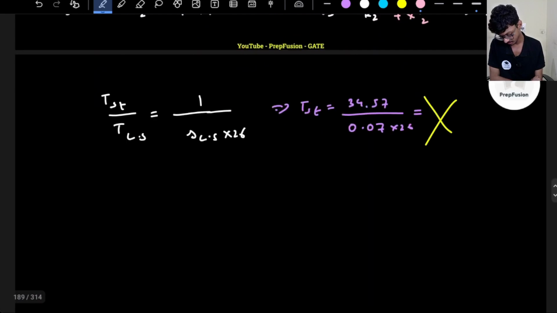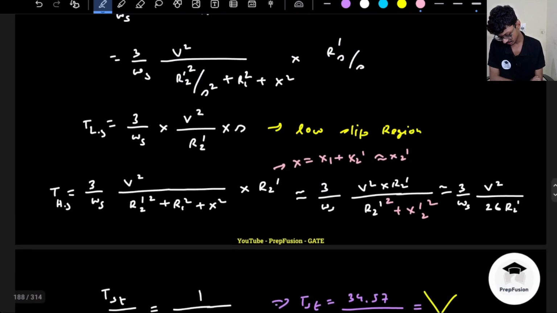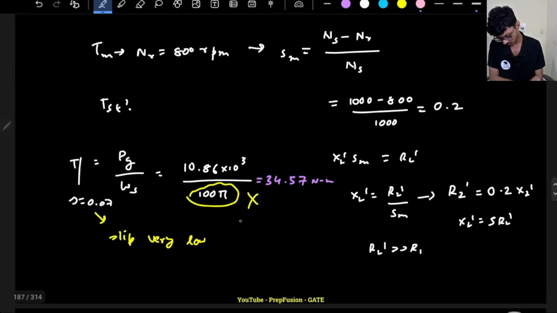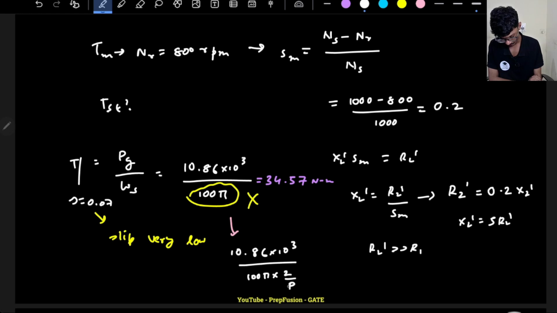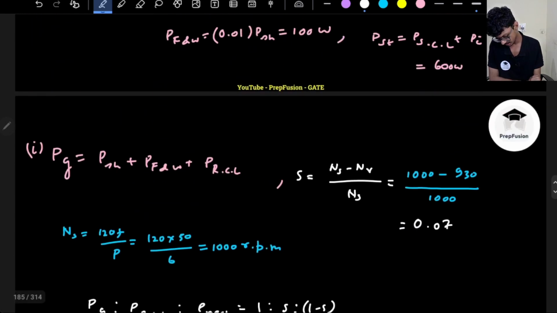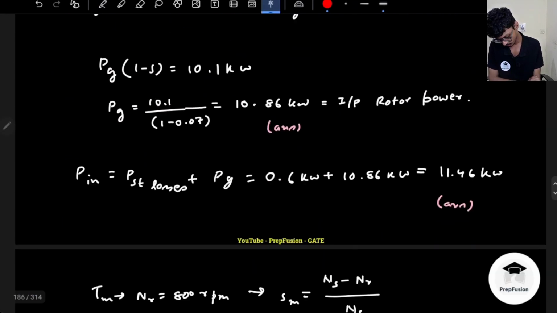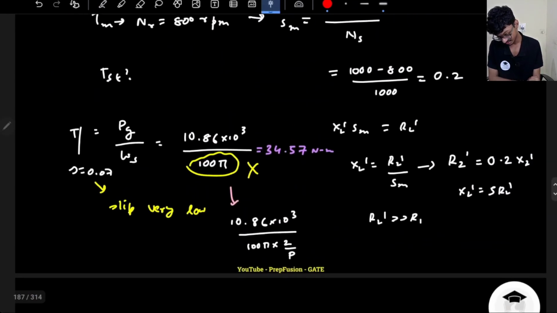Here also the same thing. This torque will have an additional factor of 10.86 into 10 cube divided by 100 pi into 2 by P. This is a 6 pole machine, if I remember it correctly. So please don't make this mistake.